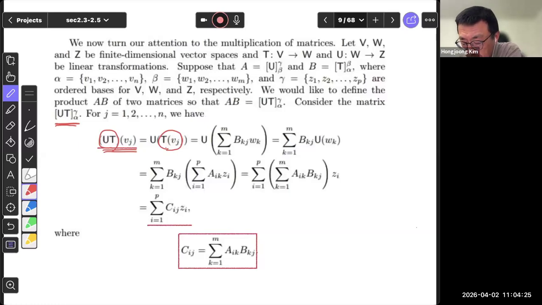Now, please remember, T of Vj, how do you find the T of Vj? What is the coordinate? What is the T of Vj?